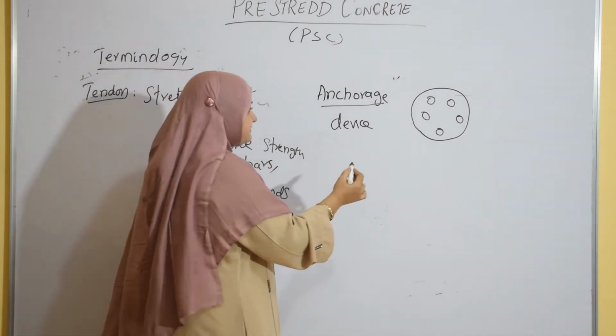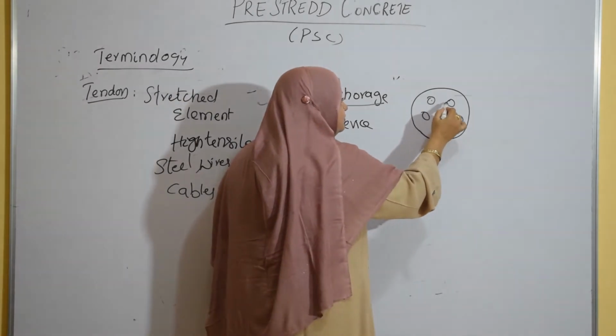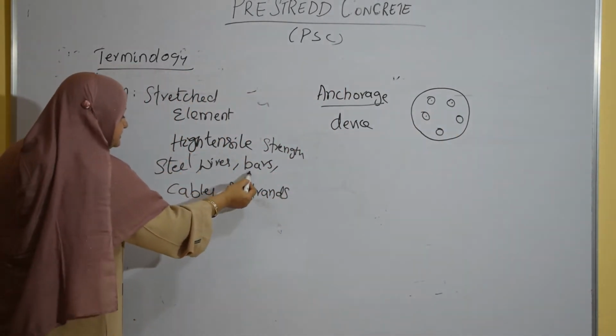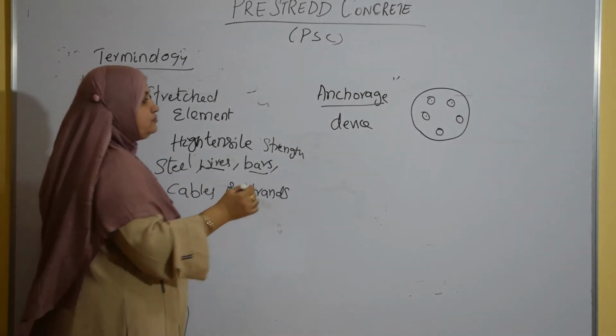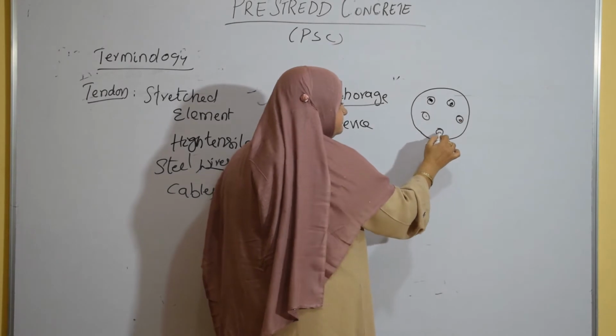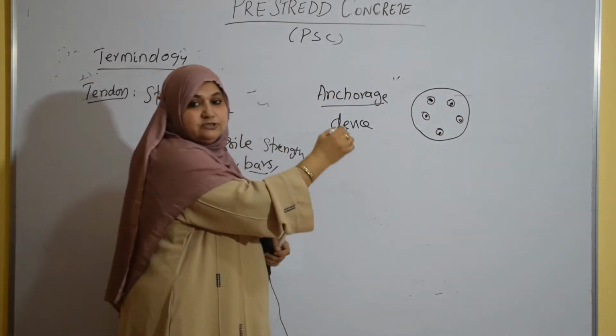So what happens is, suppose these are the holes. In these holes, suppose I am using steel bars or wires as tendons, then those wires or bars will be tightened in these grooves, on both the sides.